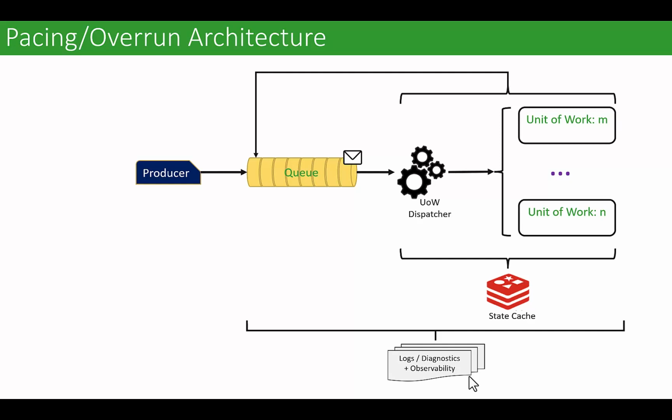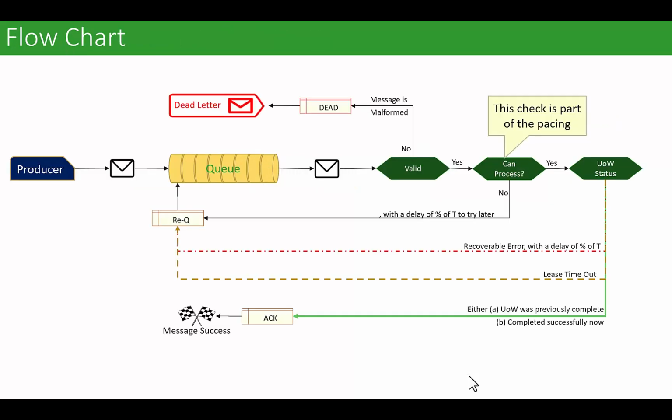Okay. So that being the case, here's the basic flow of a paced system that has overrun protection. Everything but the can process box is the traditional leasing flow.